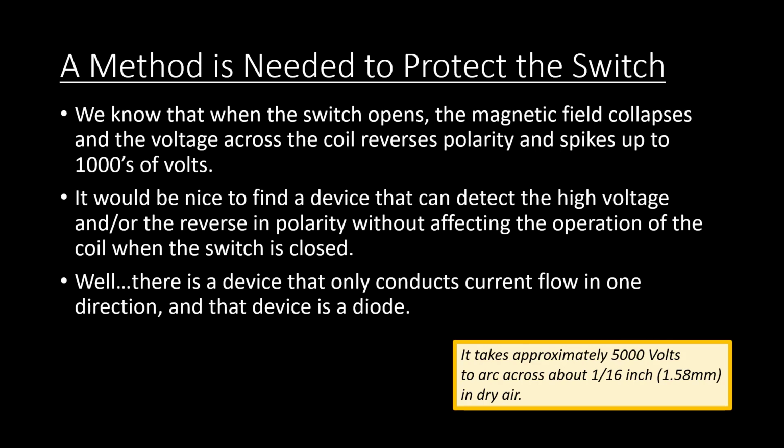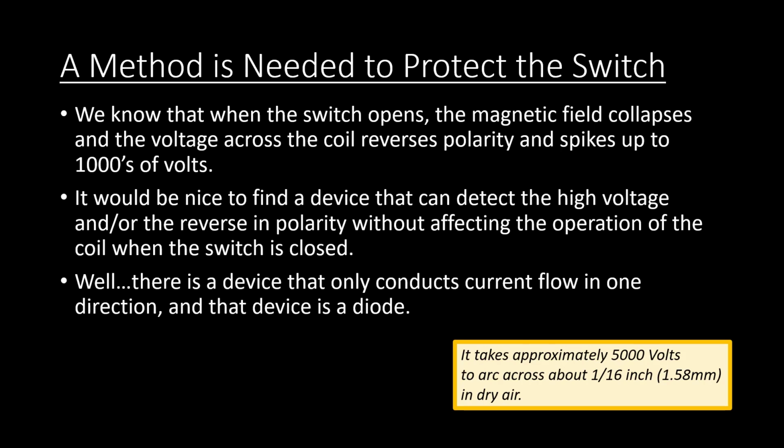We know that when the switch is open, the magnetic field collapses, the voltage across the coil reverses polarity, and the voltage spikes up to thousands of volts. So it would be really nice to find a device that can detect the high voltage or the reverse in polarity without affecting the operation of the coil when the switch is closed.